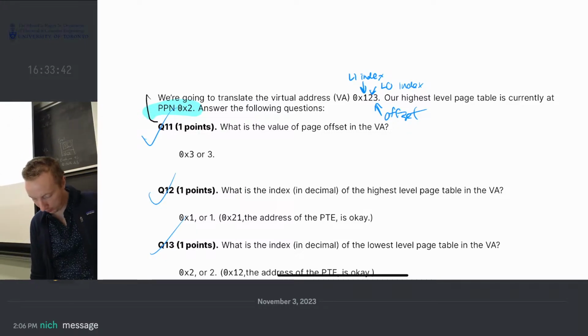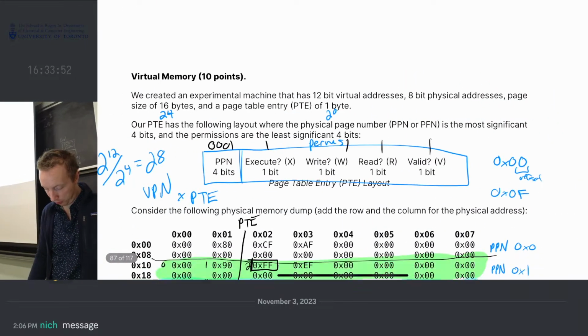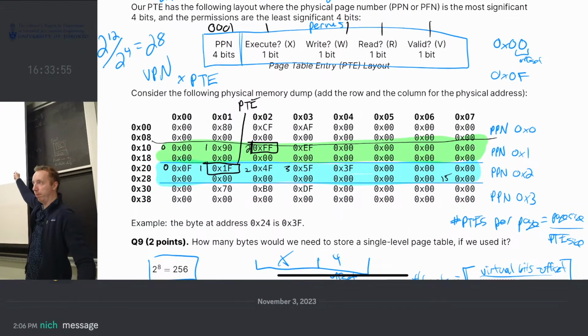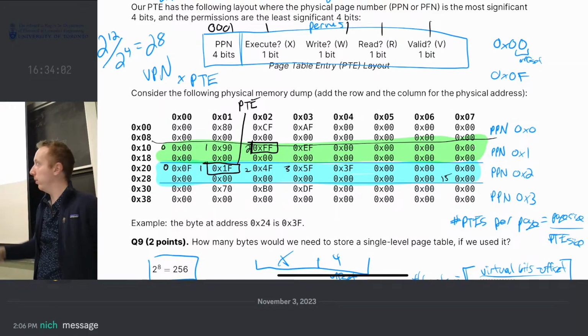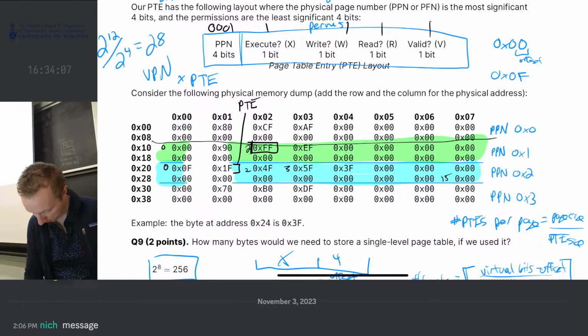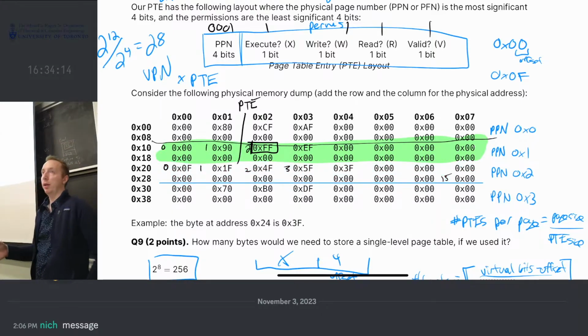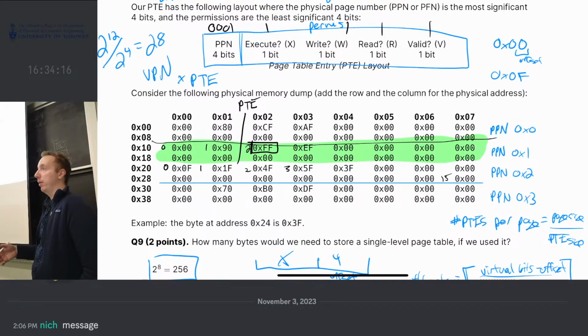The question also tells us where the L1 page table is: physical page 2, which corresponds to the thing highlighted in cyan. Since we have to use index 1, we look at the index 1 entry, which is this page table entry. Since that was a page table entry in our L1 page table, we can check.